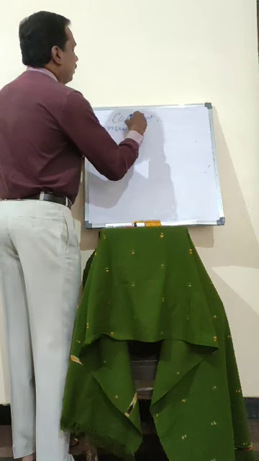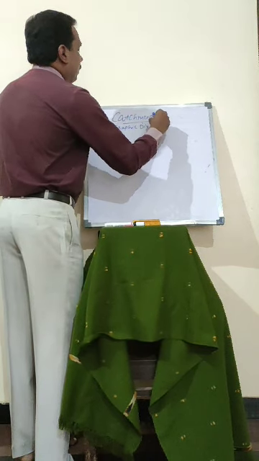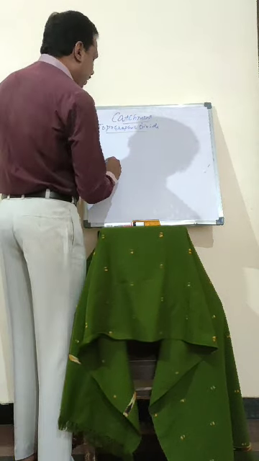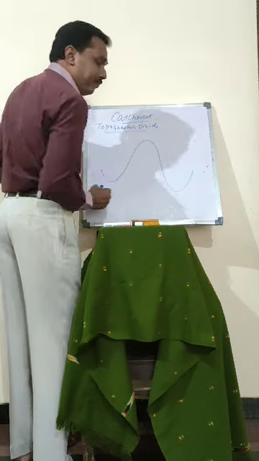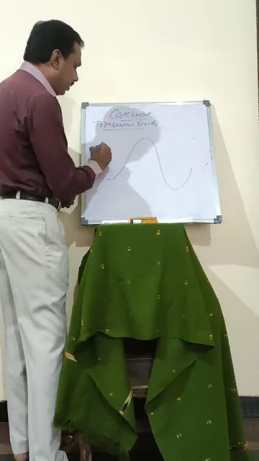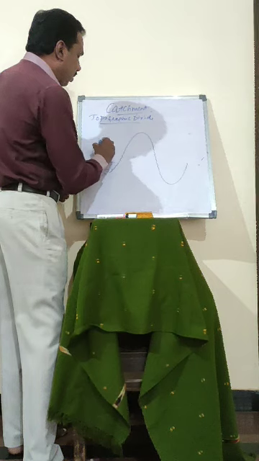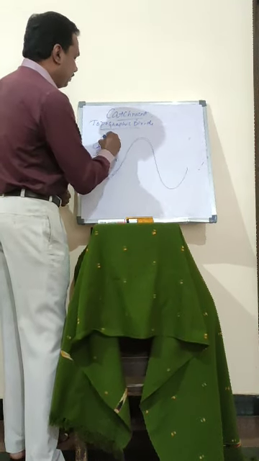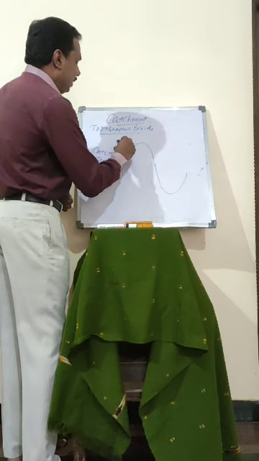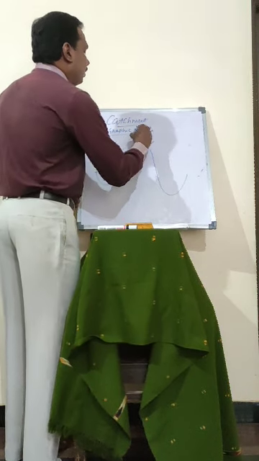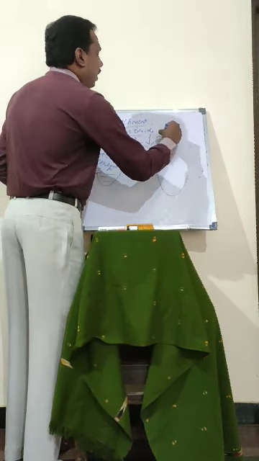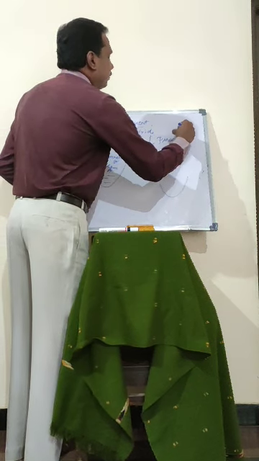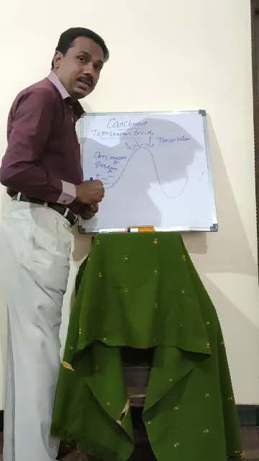Next, for example, I am drawing the same figure here. This is stream A, that is catchment A. Again, the precipitation occurs.